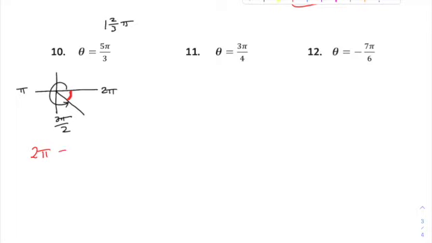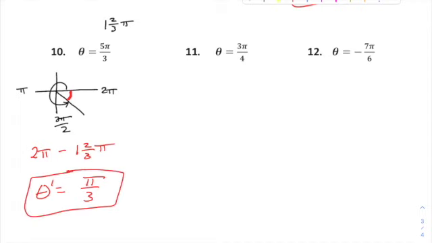So 2 pi minus 1 and 2/3, or minus 5/3 if you want to make a common denominator and do it that way. But if you take away 1 and 2/3, you get 1/3 left over, aka pi over 3. So 1/3 of pi, that's the remaining bit there.